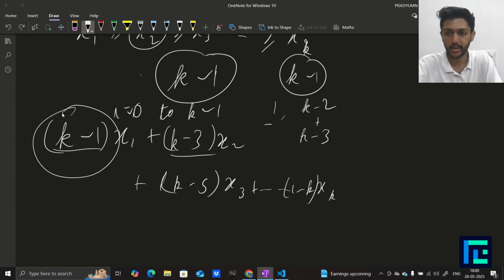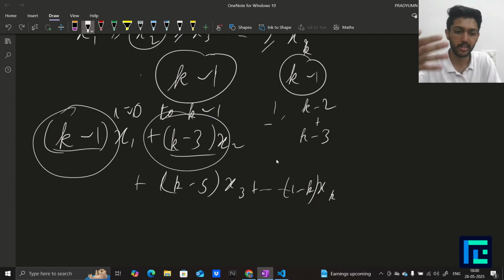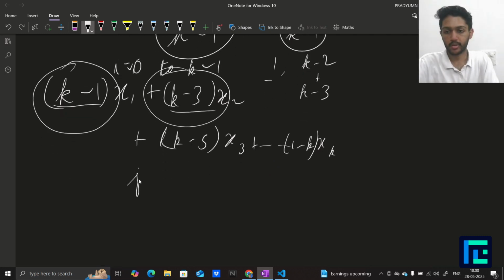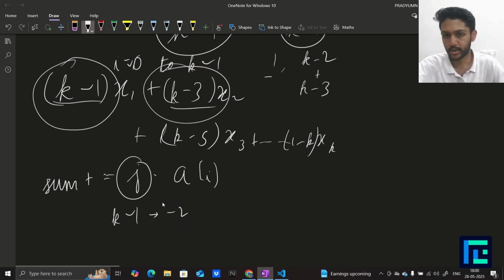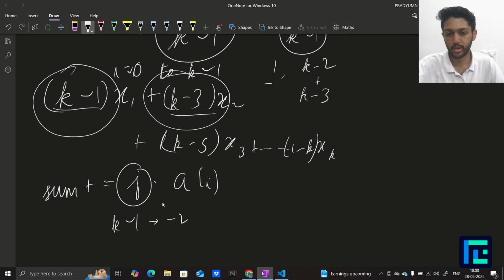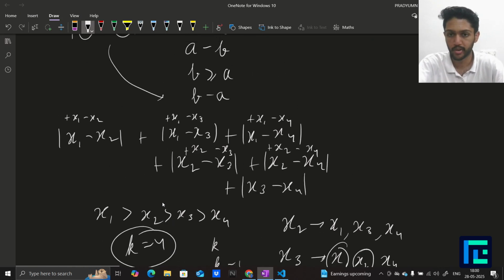First it is k minus 1, then it becomes k minus 3, and so on. Then I just do sum plus equals j into a of i, where i is going from 0 to k minus 1 and j is going from k minus 1 decrementing by 2 every time. So that's what you can do. I'll just show the code also. Now using this, you can solve for a particular color.